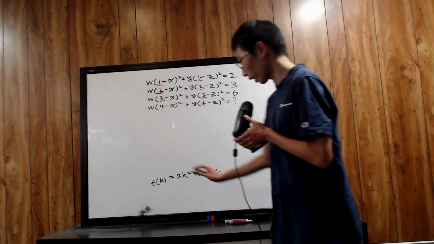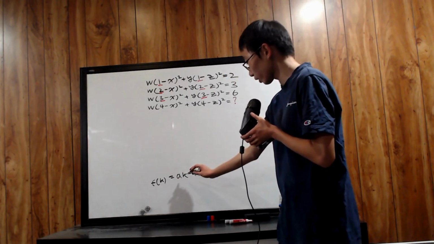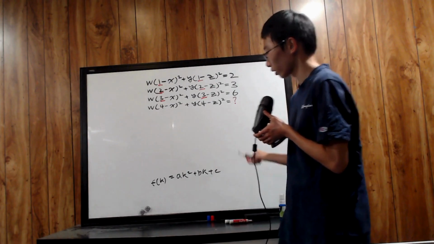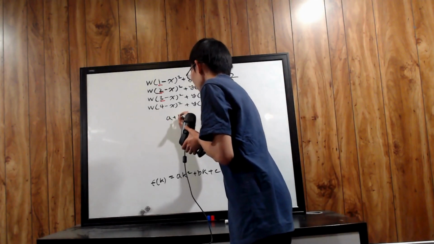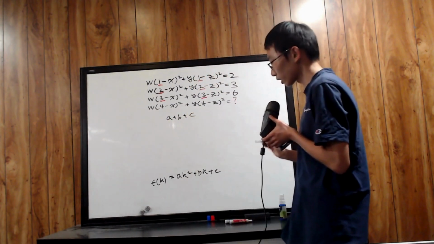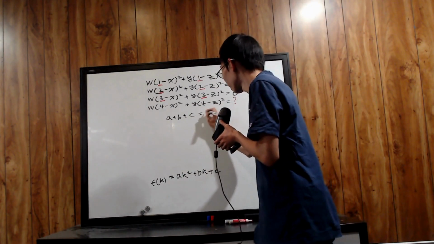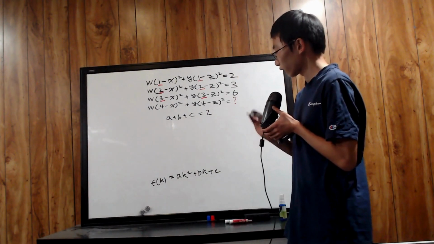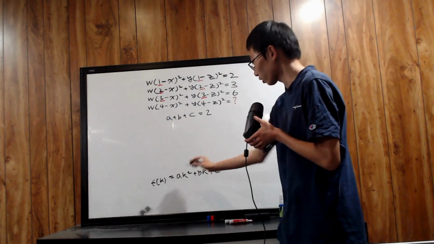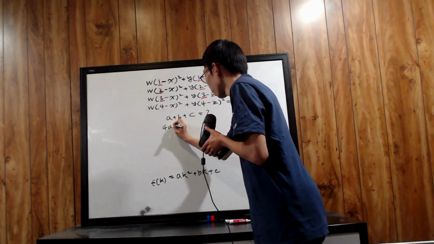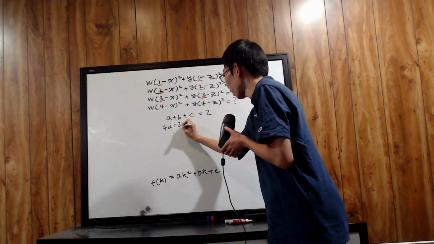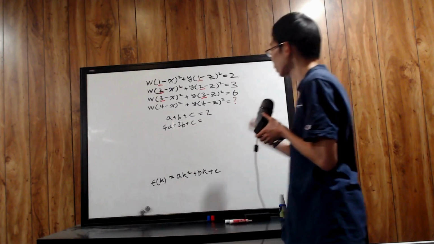So, let's plug in k to be 1 here. This would get us a plus b plus c. The k's are just 1s. And at the same time, f of 1 is equal to 2. So there we go. We can also plug in k to be 2. That would get us 4a plus 2b plus c. And f of 2 is equal to 3.